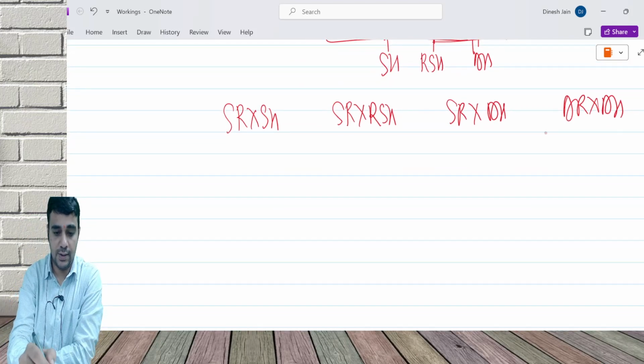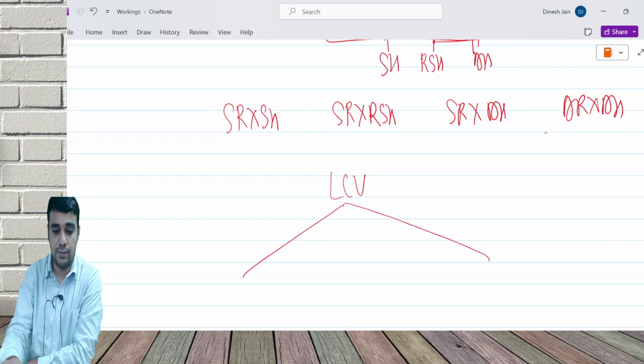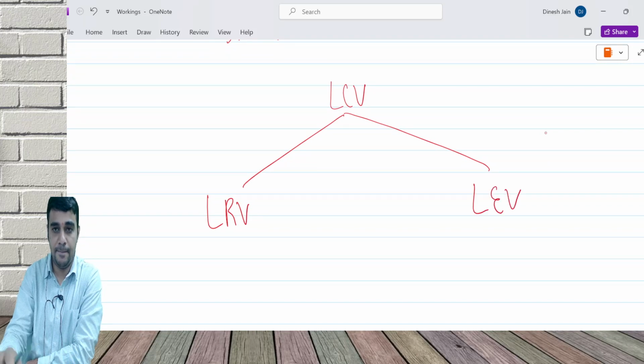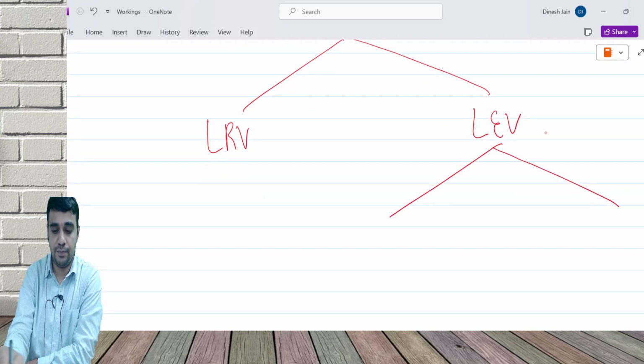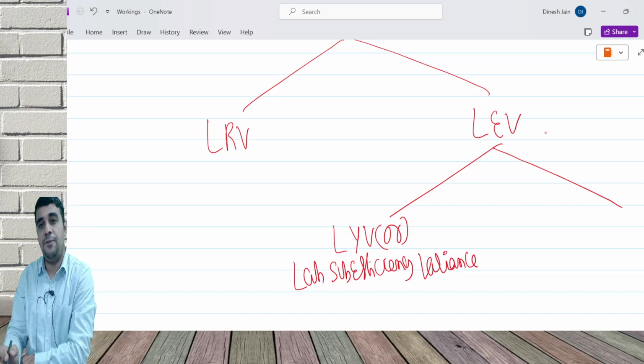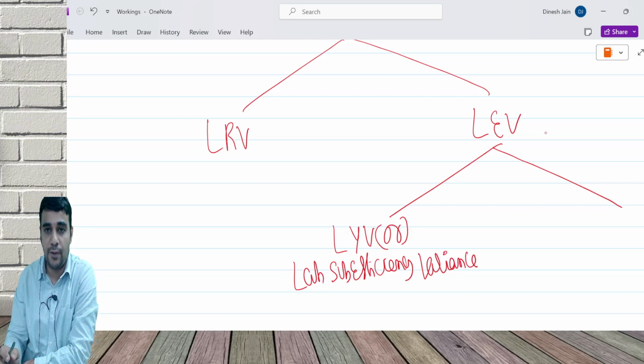So your variances are labor cost split into labor rate, labor efficiency split into labor yield variance, or the other name, labor sub efficiency variance. There it was called sub usage. I'm not writing the formula.